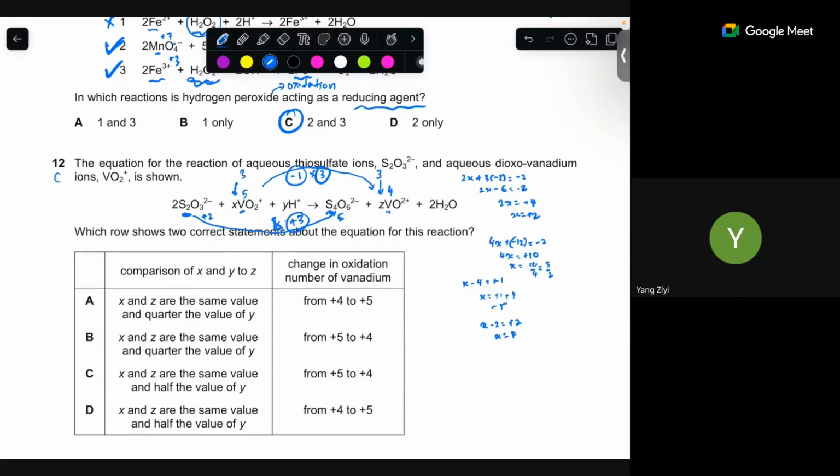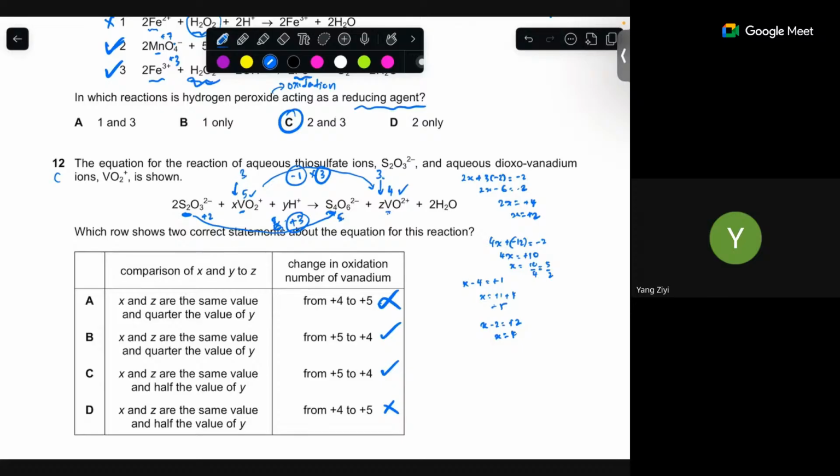Change in oxidation, oh, I think no need to even balance it. They say change of oxidation number in vanadium. Vanadium was from 5 to 4, so this is wrong. 5 to 4. And then they mentioned that X and Z must be the same, because 3 and 3.